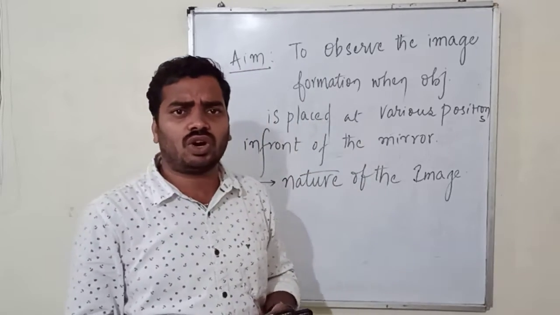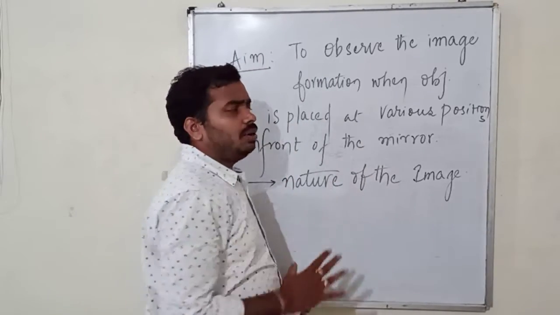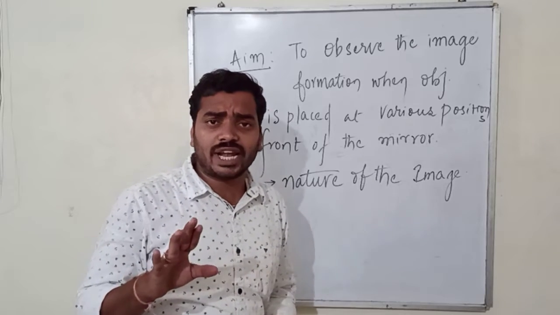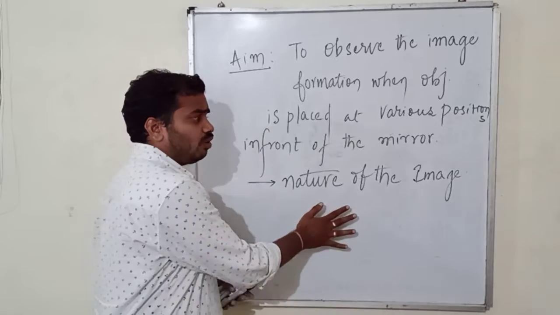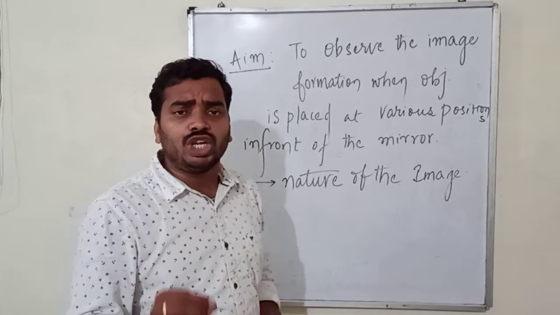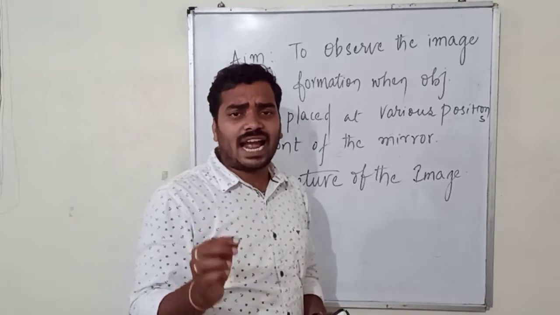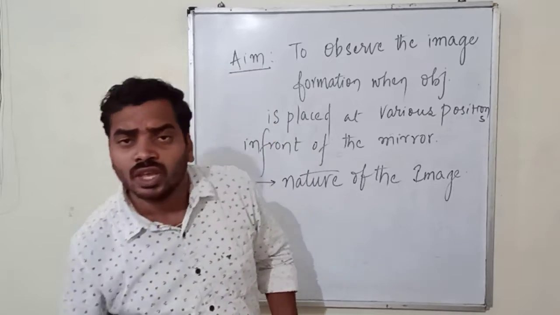All these terms you are going to learn in this particular lab activity. No need to get confused by the terms I have used. By the completion of this lab activity, you will get to know what exactly those terms are.